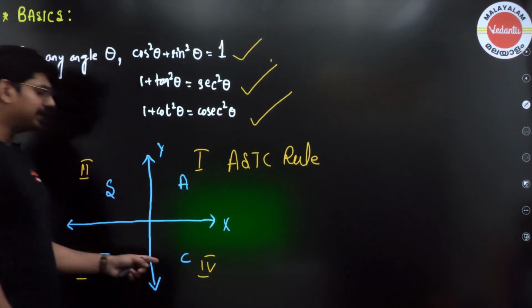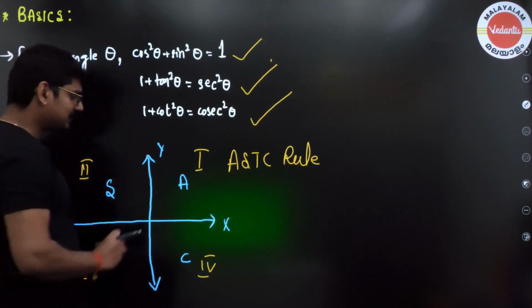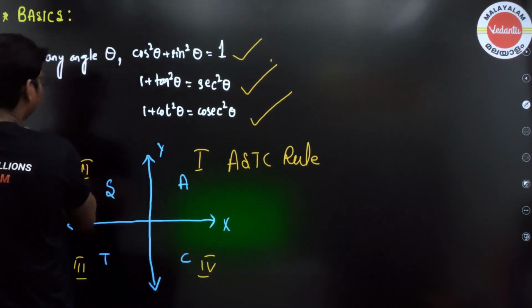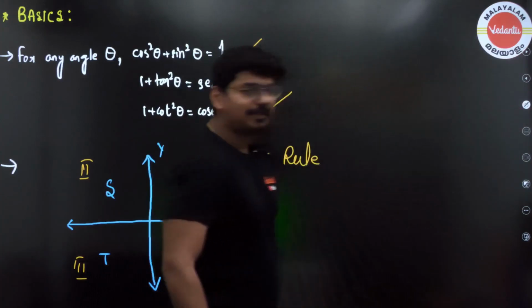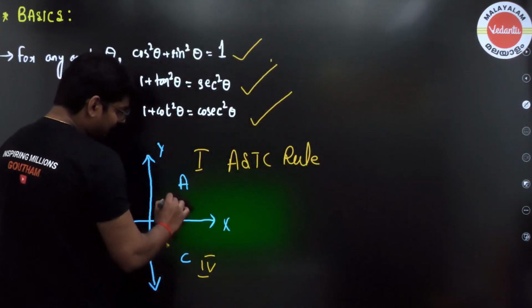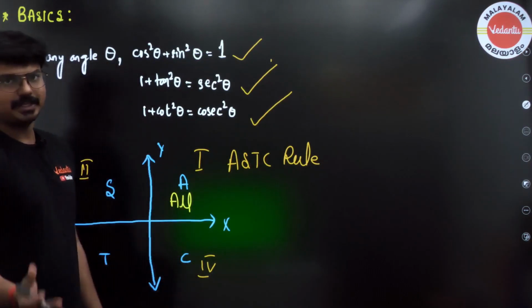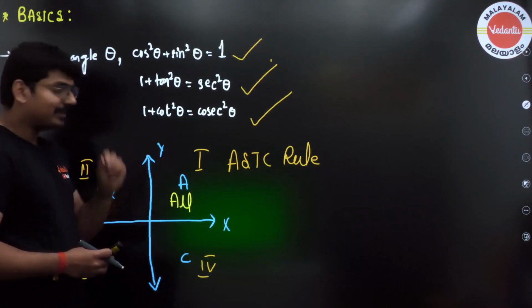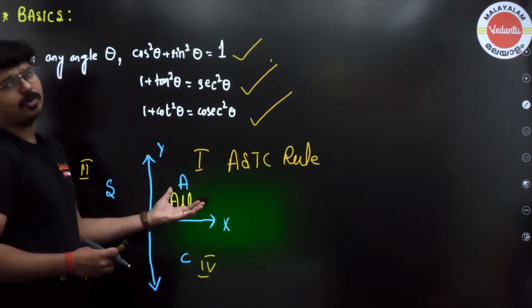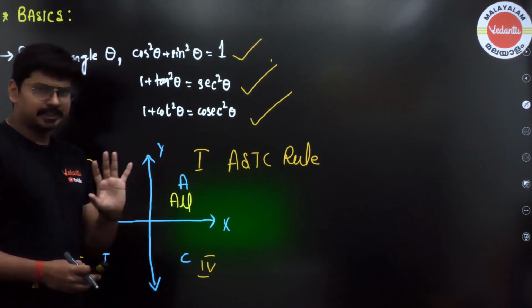So ASTC rule. Now according to the ASTC rule, in the first quadrant we have taken A. So this simply implies that in the first quadrant all the trigonometric ratios are positive. If your angle is in the first quadrant, then definitely all the trigonometric ratios at that particular angle are going to give you a positive value.